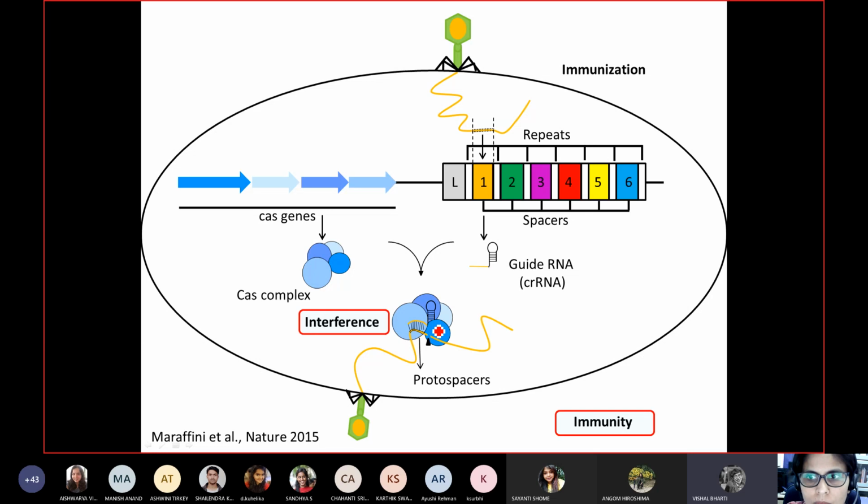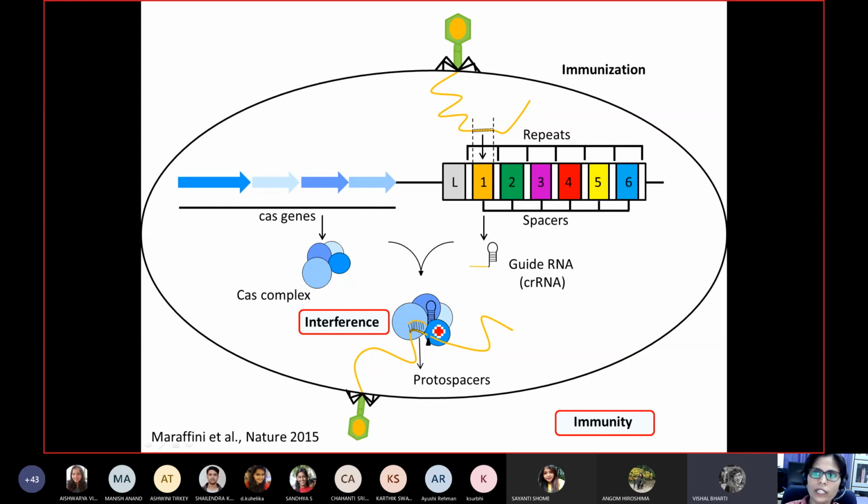So if number one is the part of the DNA of the phage which infects the bacteria, the next time the same phage attacks, how will the cell know which part of the array is the second or third or fourth? It will make the guide RNA for all those sequences? Before making the guide RNA, it has no idea what kind of phage it is being infected with.